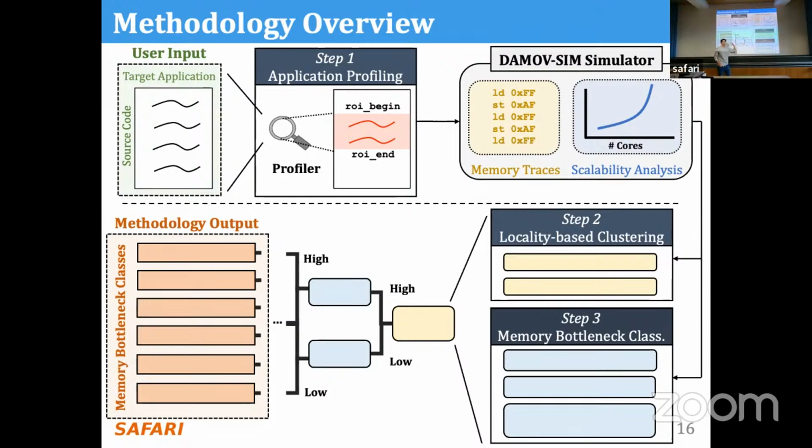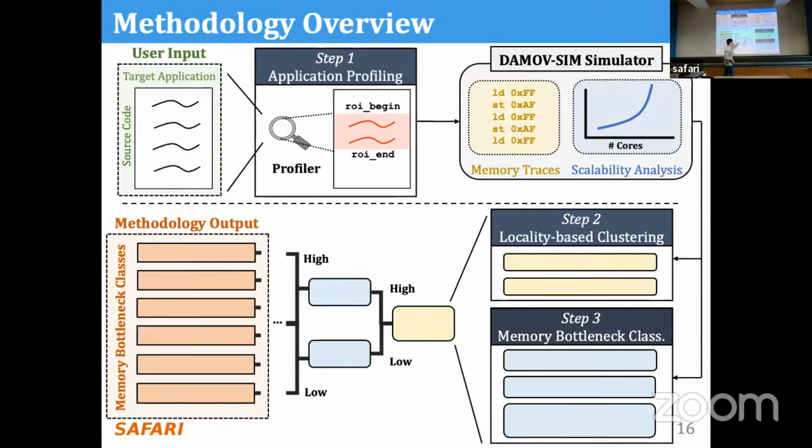Metrics such as spatial locality, temporal locality, MPKI, that is the number of cache misses per kilo instructions executed on the core, and metrics like that. So metrics that give you an idea of how the memory access is.